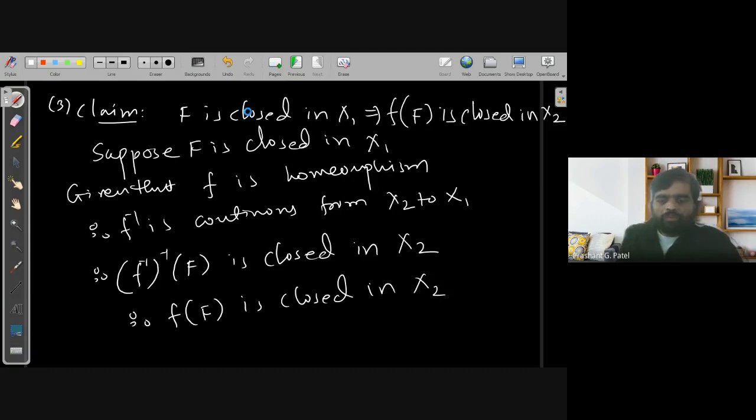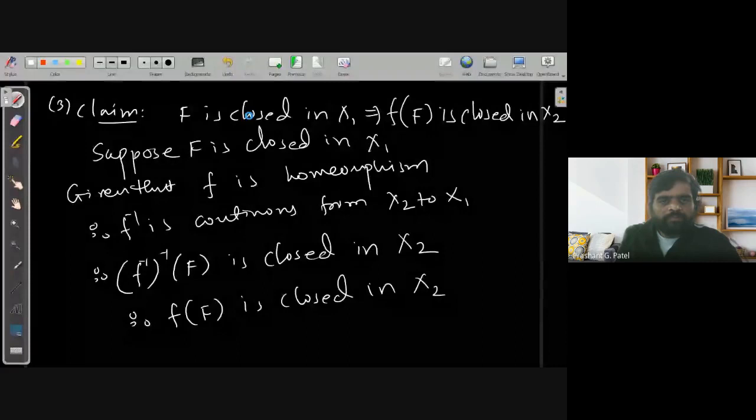Now we have a next definition. That definition is called open map. Can somebody guess what the definition of an open map should be? When can I say a map is open?